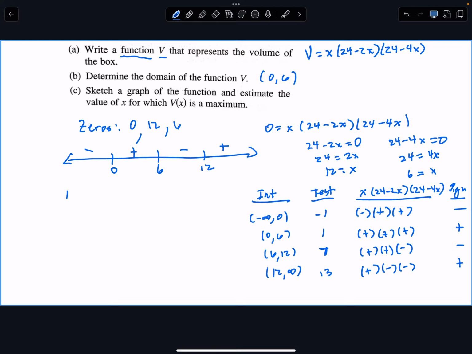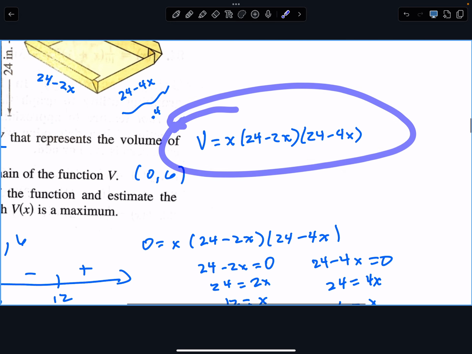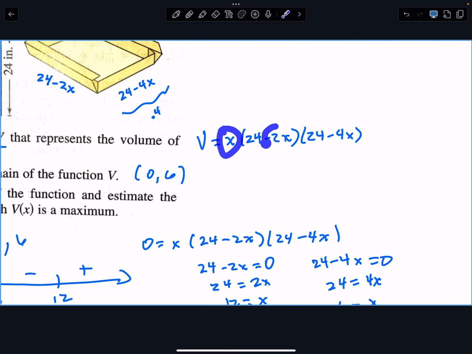Furthermore, I can look at the leading term and end behavior. Now, we're not taking time to expand this, but if I want the term with the highest power, it's going to come from when I take x times the -2x times the -4x. That's what, when you get it all multiplied out, is going to give me my leading term.